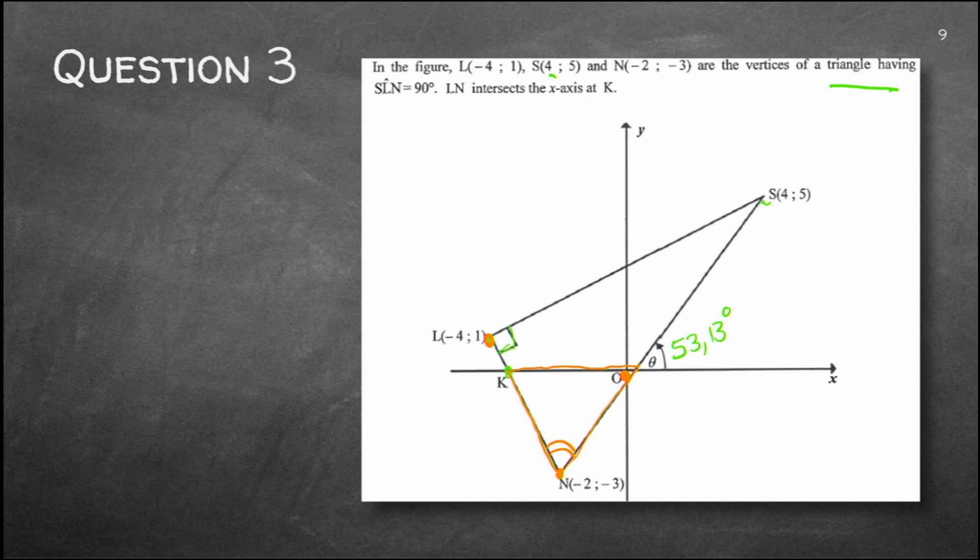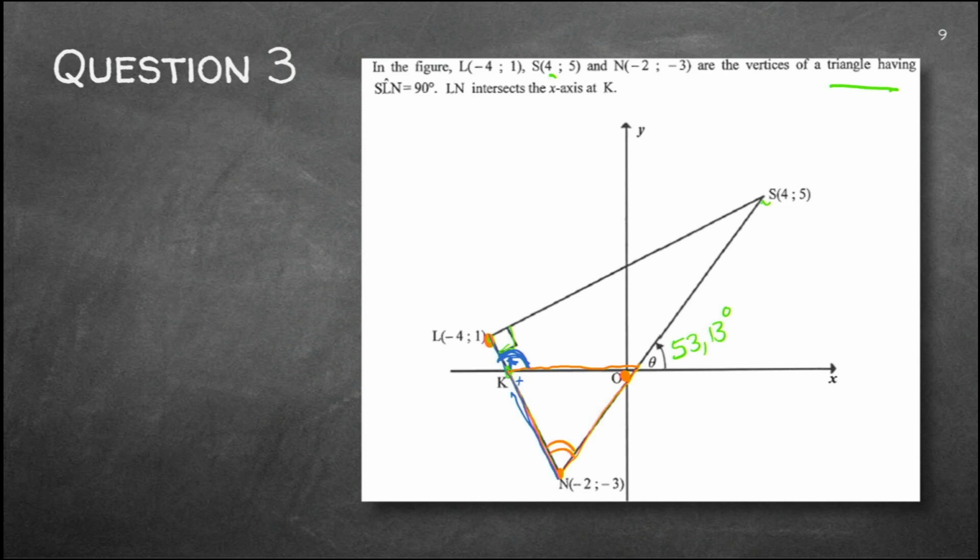The only problem is I need a second angle. So if I look at the drawing, maybe if I can get either this one or this one, it would work. But what do I know about this specific angle? This would be the inclination angle for LN. So definitely I'll be able to get that. So let's first get the gradient of LN, and then we can actually get its inclination angle.